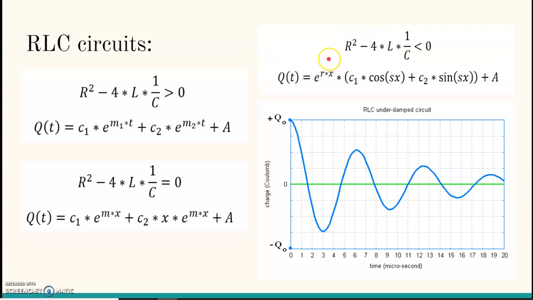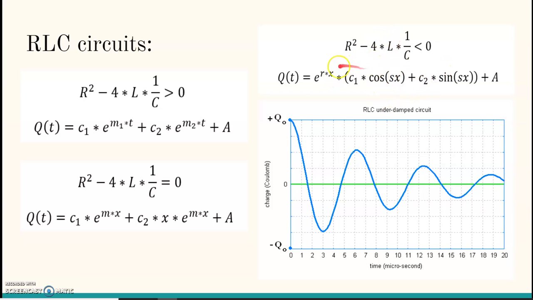However, the good part about this expression right here, when R squared minus 4L over C is less than 0, is that q with respect to t will be an exponential function, but involving trig functions.